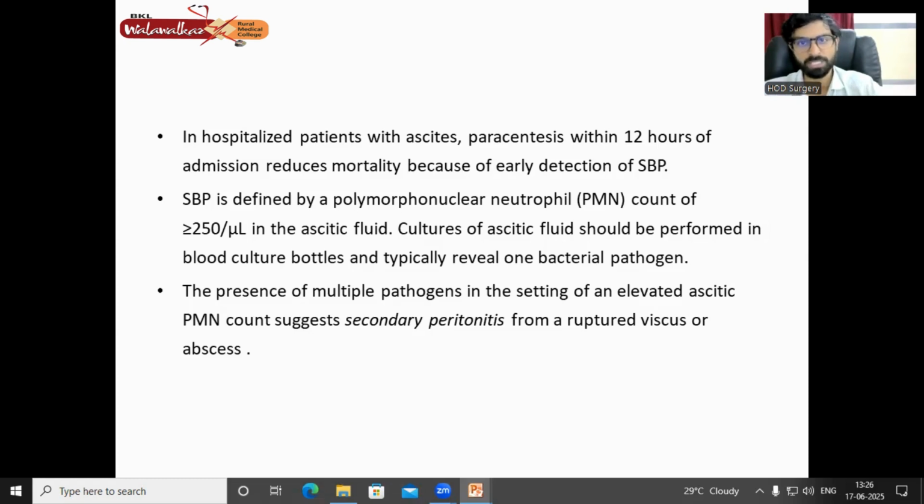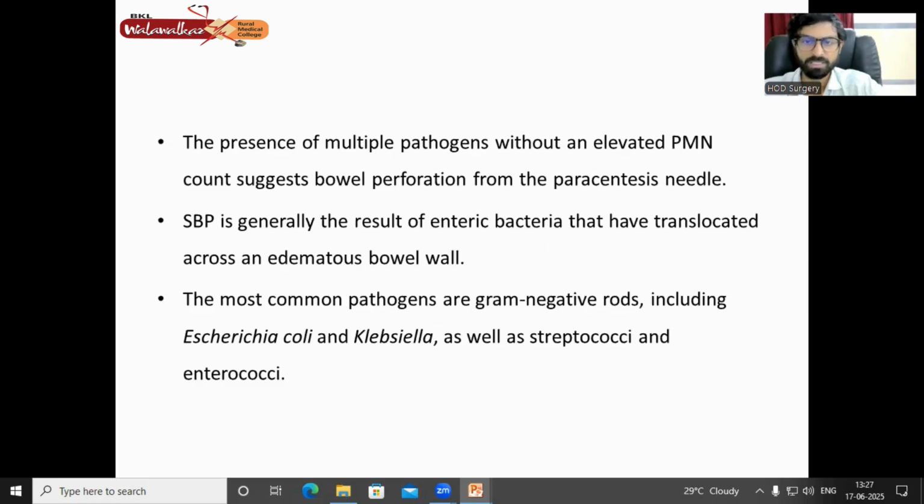The presence of multiple pathogens in the setting of an elevated ascitic PMN count suggests a secondary peritonitis rather than a primary bacterial peritonitis, from a ruptured viscus or an abscess. Presence of multiple pathogens without an elevated polymorphonuclear count suggests a bowel perforation from the paracentesis needle.